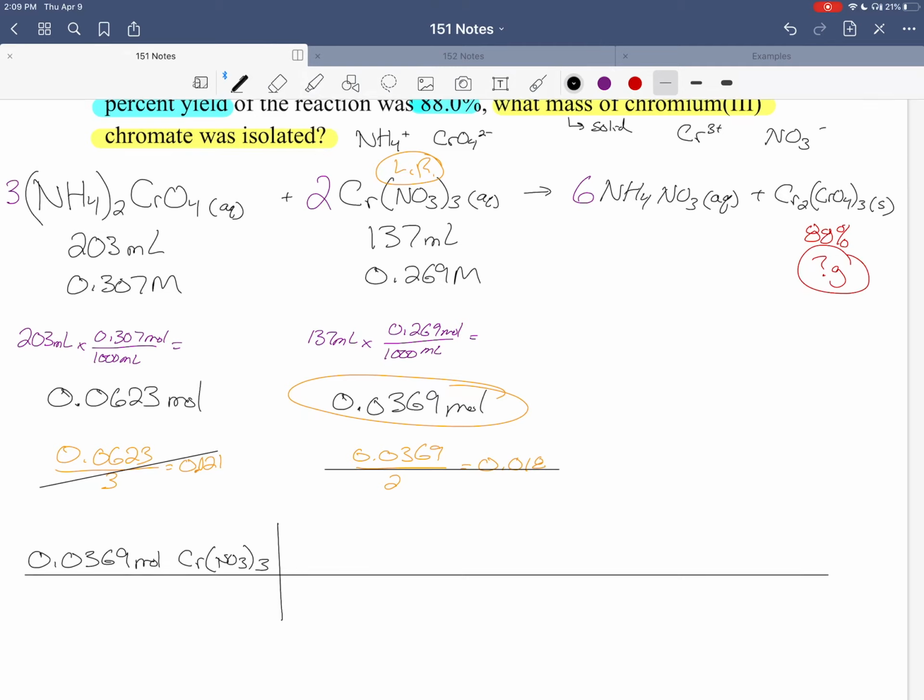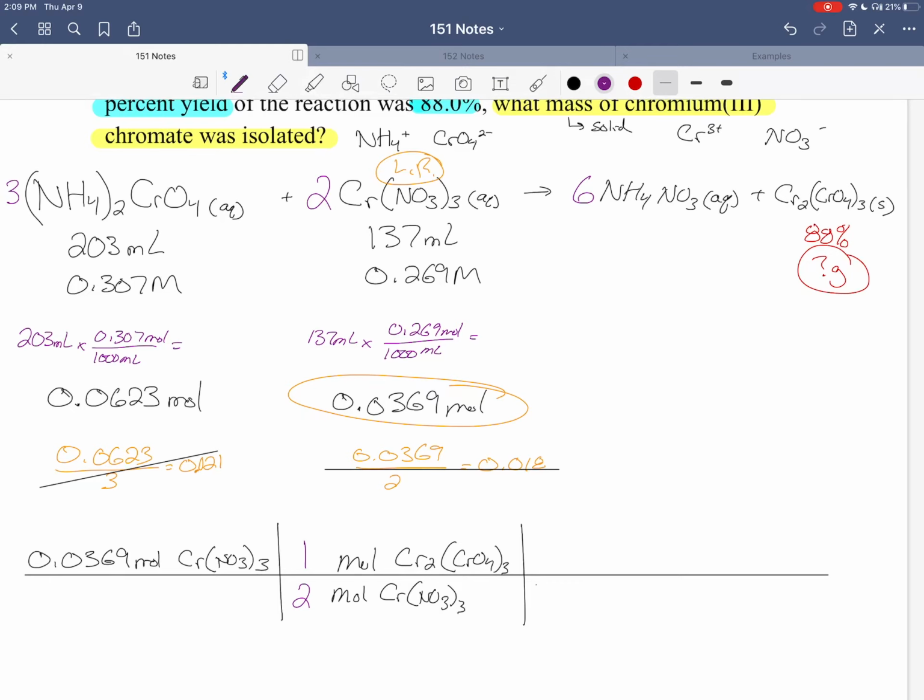Moles of chromium 3 nitrate on the bottom, and moles of Cr2(CrO4)3 on top. We have a 2 for chromium 3 nitrate and a 1 for chromium 3 chromate. Now we have to do the molar mass.